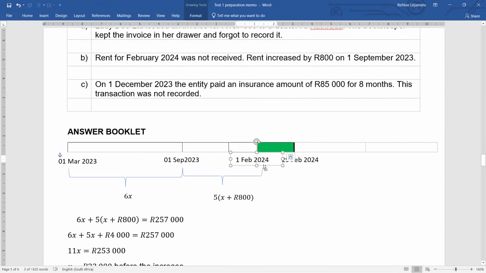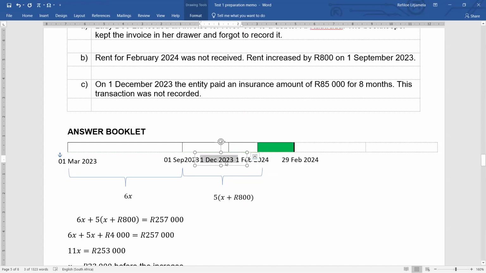So basically, it'll cover us from the 1st of December 2023 for 8 months. So it'll be December, January. Did I say the 1st of December? Yes, it'll be December. Okay, that's the first month.